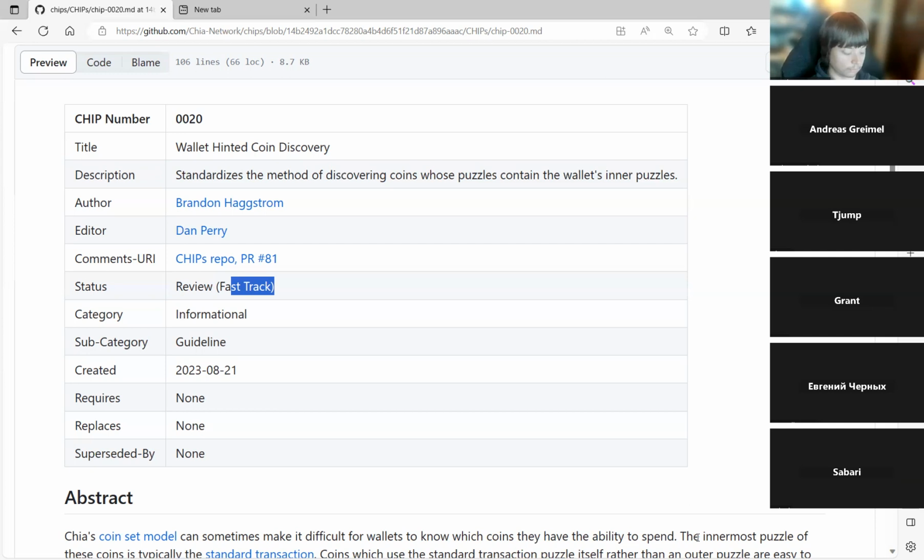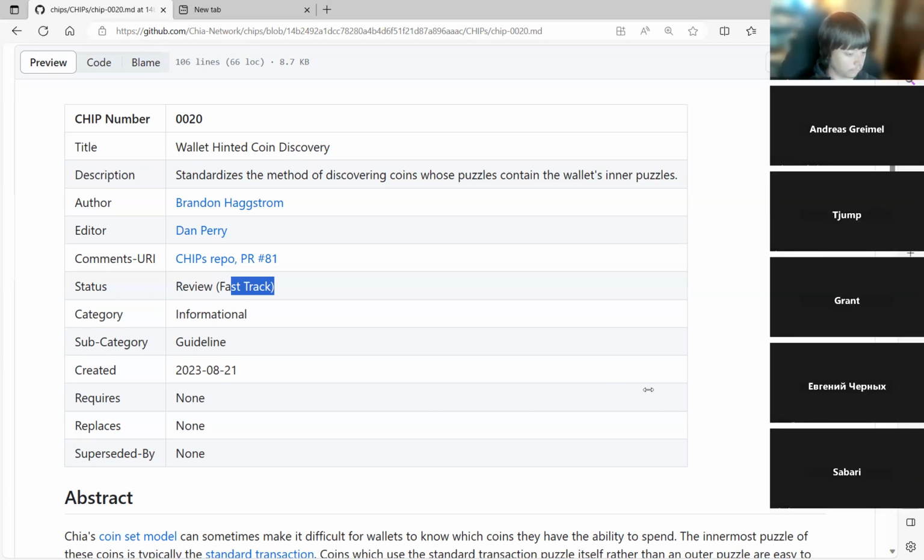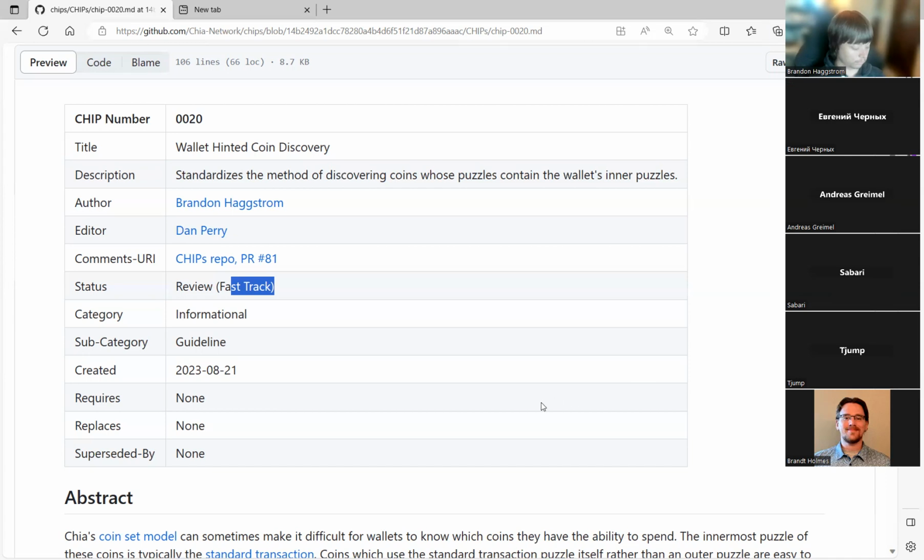Just go ahead and start talking. So along with hinting coins is also standardization around the ability to find coins that are hinted like that. Are whatever updates to the RPC calls outside the scope of this CHIP, and that would just be something that the reference wallet does, or is it intended to upgrade the RPC call at the same time?